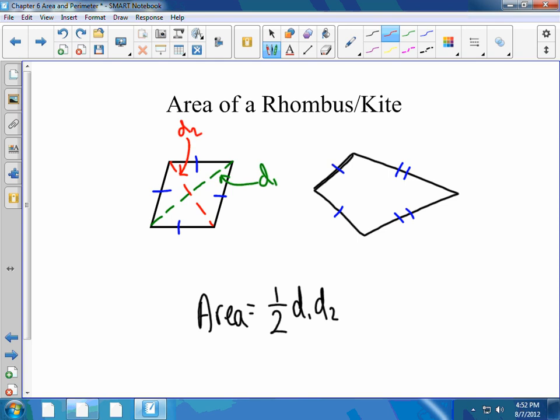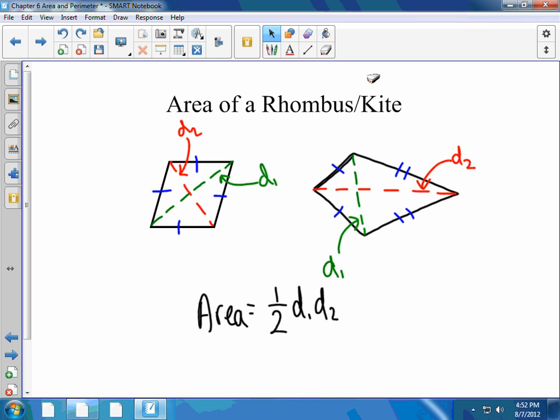Here's diagonal 2. If I look at the kite, here's diagonal 1. Here's diagonal 2. So you want to remember where those locations are for the diagonals.